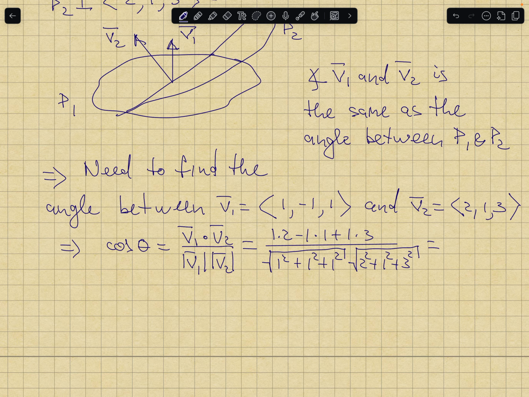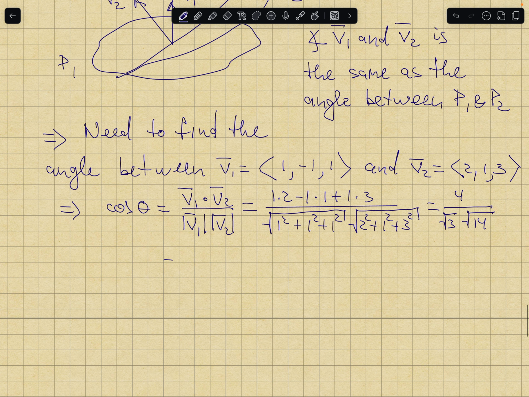And so that is 2 plus 3, 5, minus 1, 4, over the square root of 3 times the square root of 4 plus 9, 13, 14.